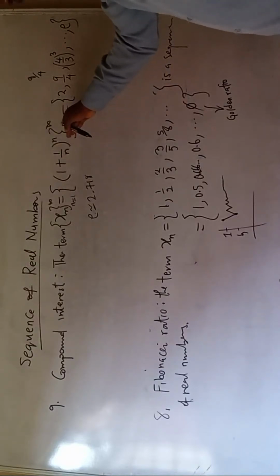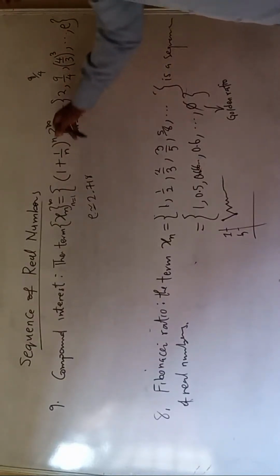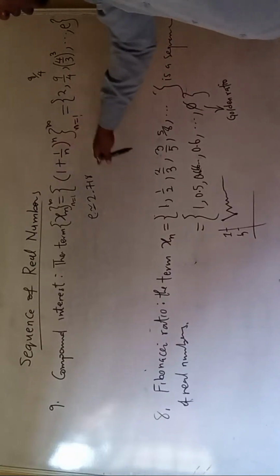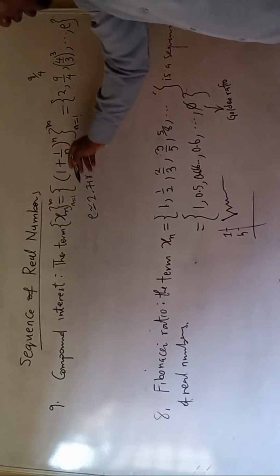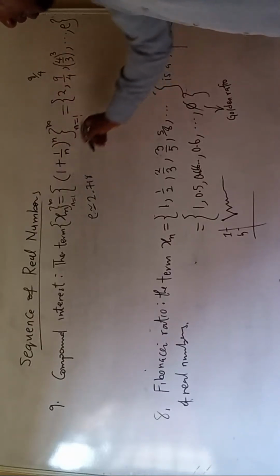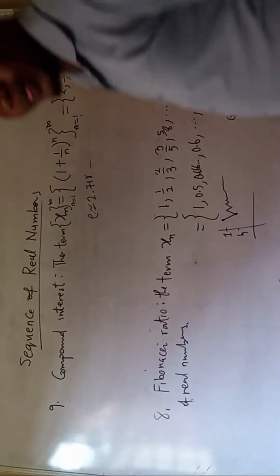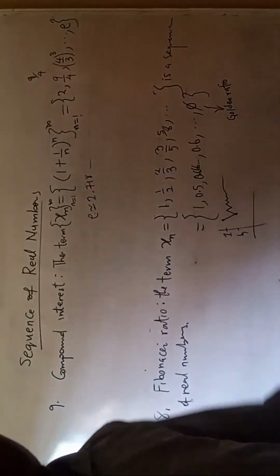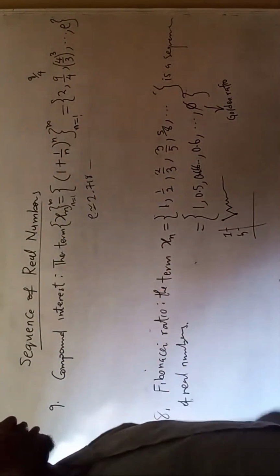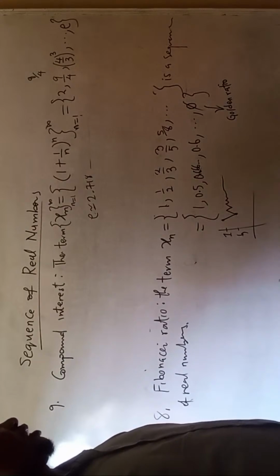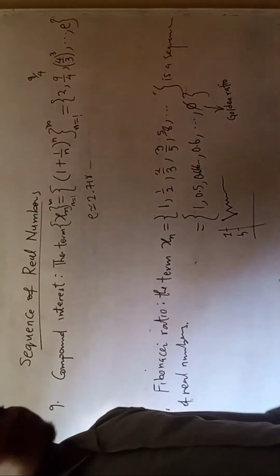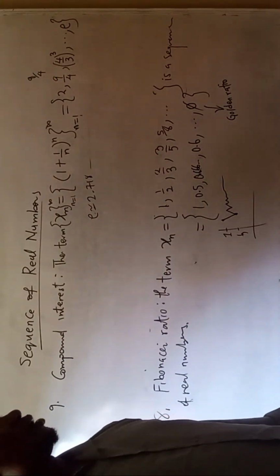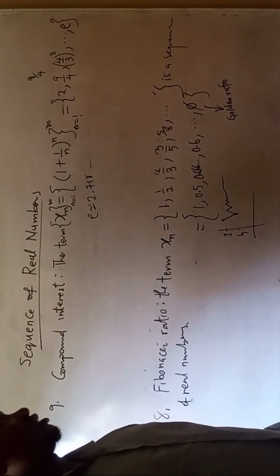That means if you are compounding the interest at a particular rate given here, the interest can be more than 2.71 and a lot of decimals. So this sequence is very useful in the area of the accountant, and they are using this in many organizations to calculate the interest.